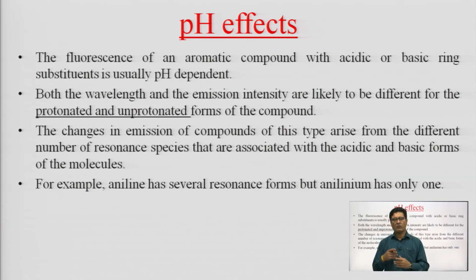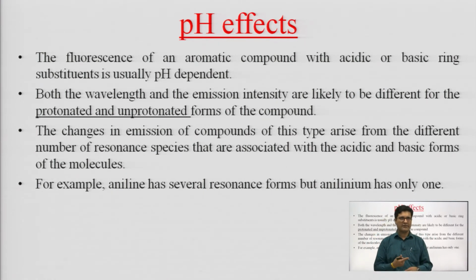So, at what particular pH which form exists or dominates, and whether that particular form is responsible for fluorescence or not, will decide the extent of fluorescence. So, for any particular substance, if the protonated form is responsible for fluorescence, then we should modify the pH so that it dominates in the solution.